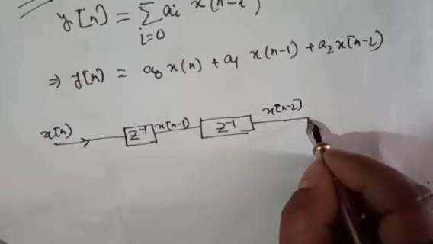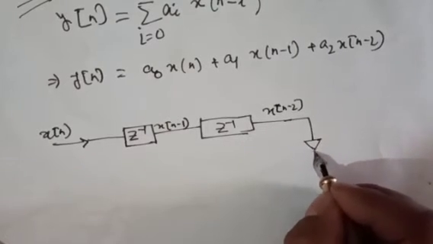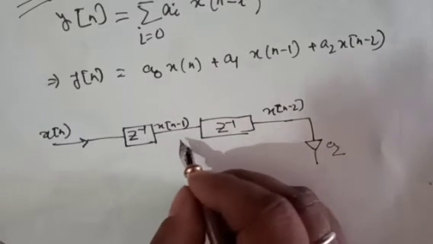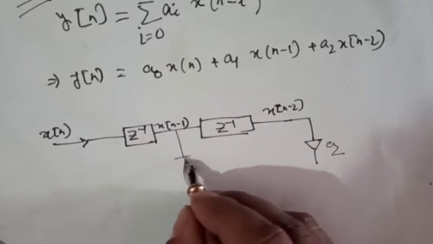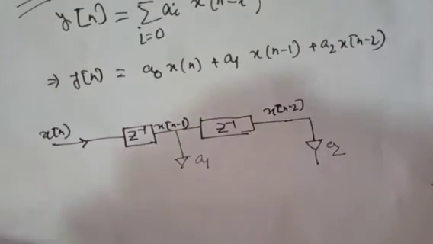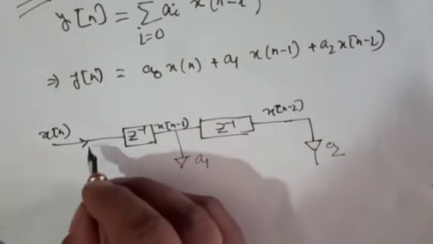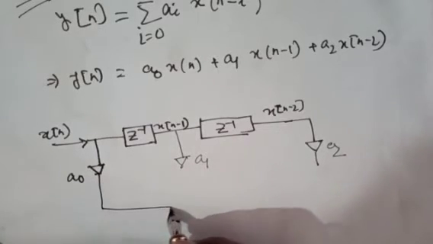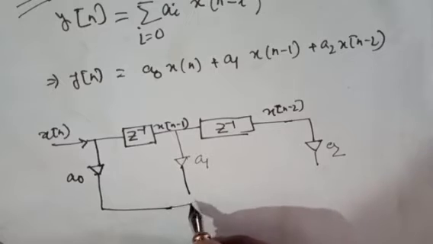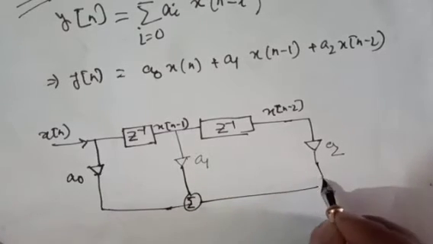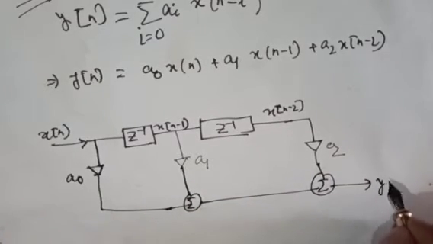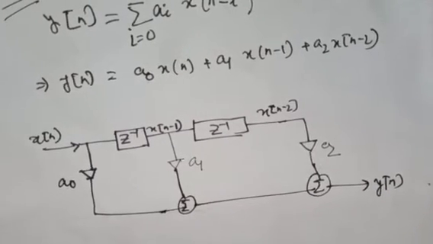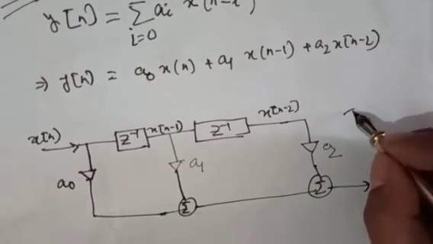Now x of n minus 2 is multiplied with a constant a2, then x of n minus 1 is multiplied with a constant a1, and x of n is multiplied with a constant a0. So it gets added here, and finally it gets added here. So this is your y of n.